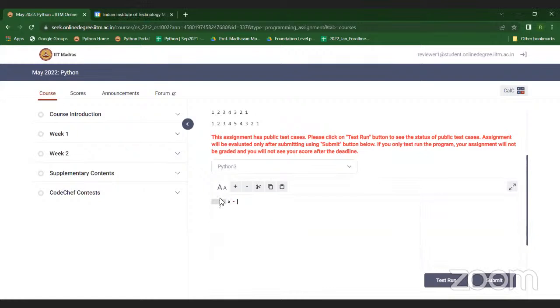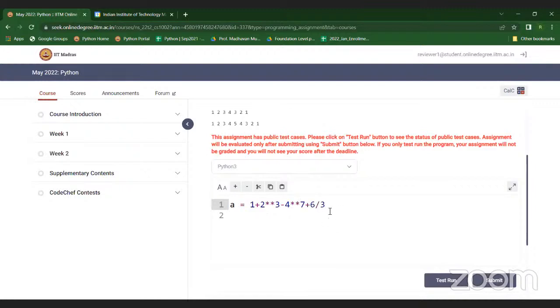So let's say my A equals, you're able to see my screen, right? Yes. So 1 plus 2 star star 3 minus 4 star star 7 plus 6 divided by 3.